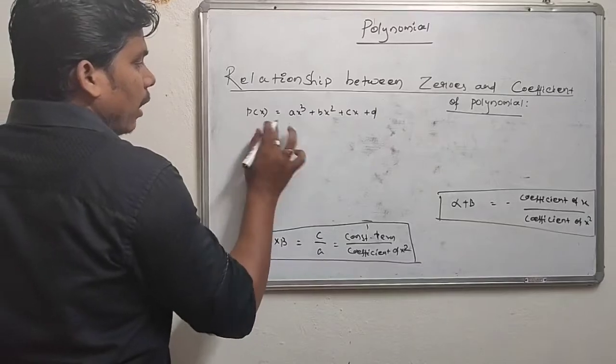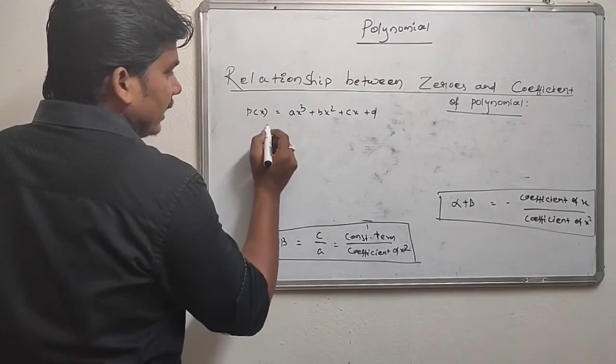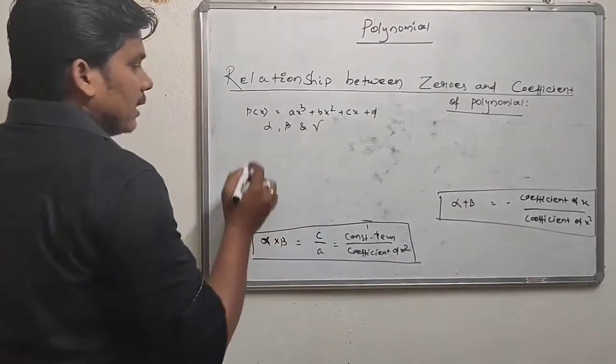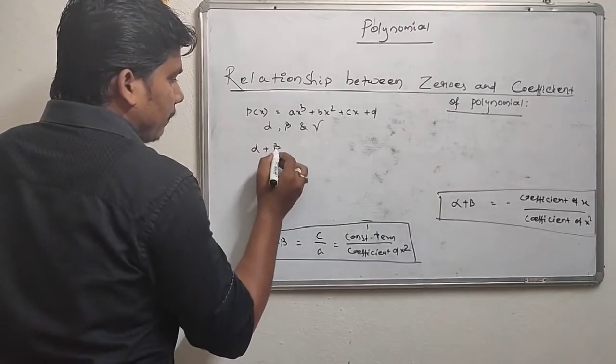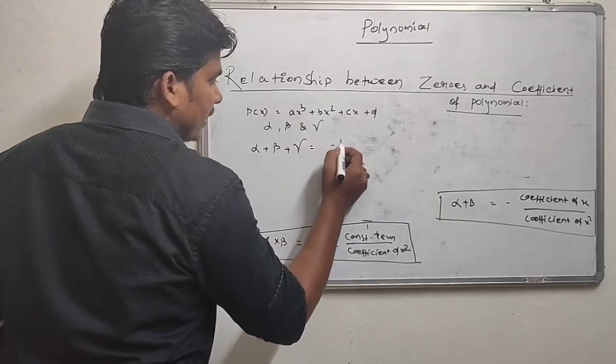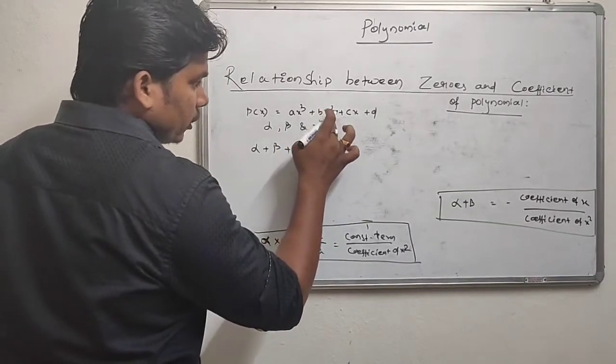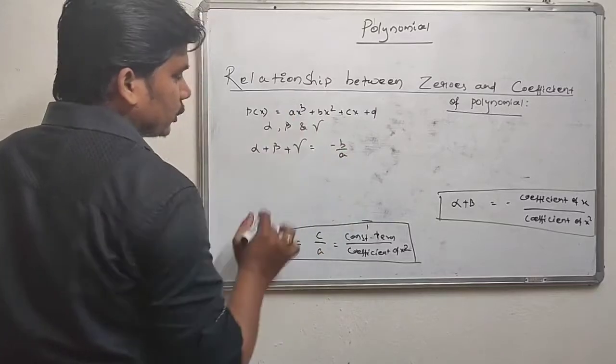Here, the three zeros are alpha, beta and gamma. Here alpha plus beta plus gamma is minus b by a, that is the negative of the coefficient of x square by the coefficient of x cube.